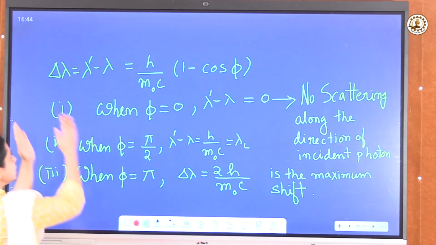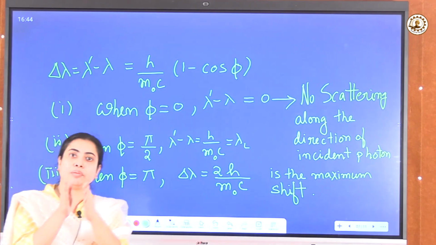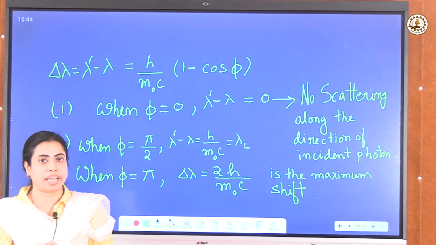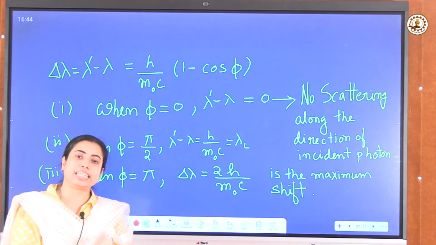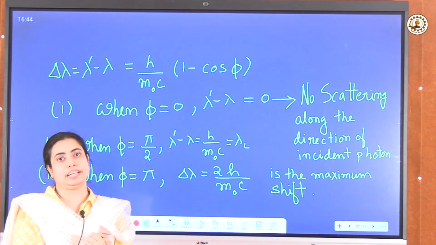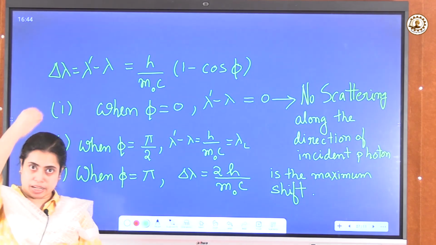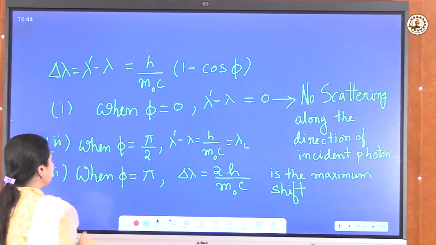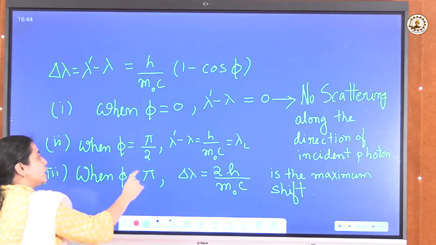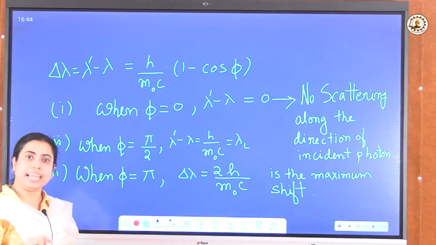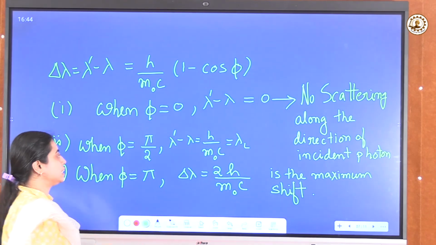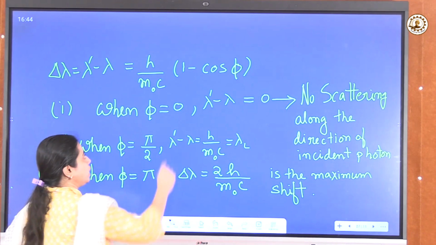That means the Compton shift becomes equal to the Compton wavelength when the scattering angle of the photon is 90 degrees. The third case is when phi equals pi, meaning 180 degrees.